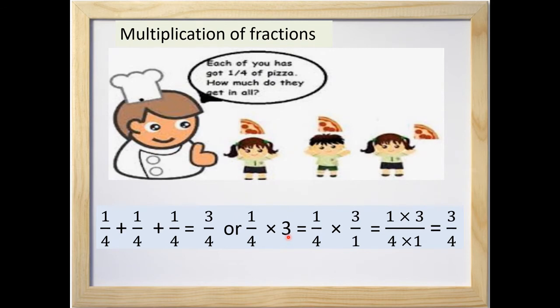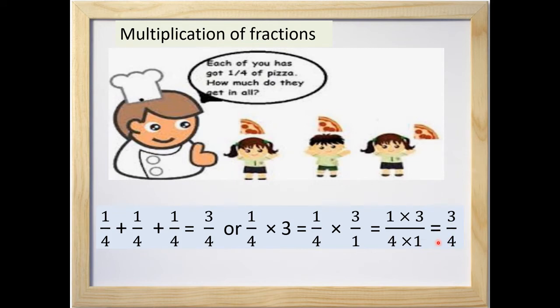Children, we can write 3 as a fraction just by writing 1 as the denominator. That means we have to multiply 1/4 into 3/1. And how to multiply? We simply have to multiply the numerators and multiply the denominators. So we get here 1 into 3 by 4 into 1. So that is equal to 3/4.